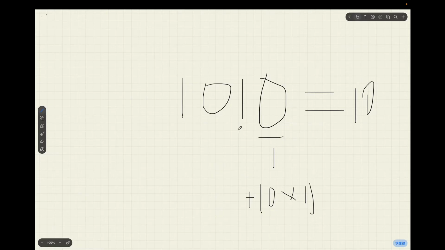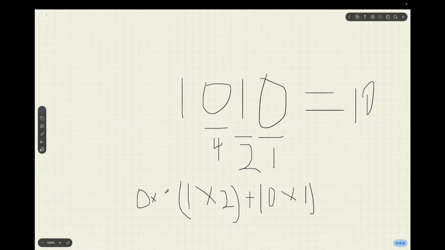Then here is the second place, and since it's 1 and not 0, we have 1 times 2. And then we have the third place, and you guys already see the pattern, so this would be 0 times 4. Okay, I forgot a plus sign here, so there's a plus.